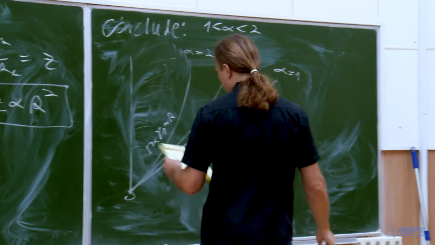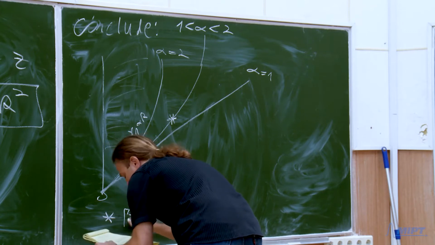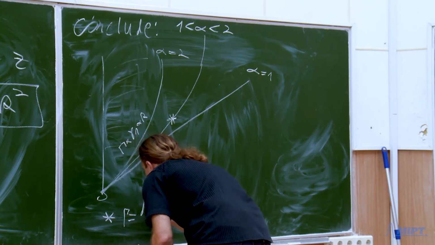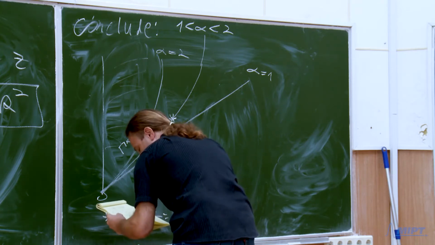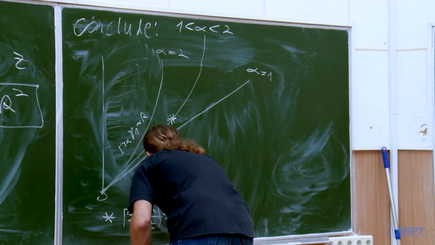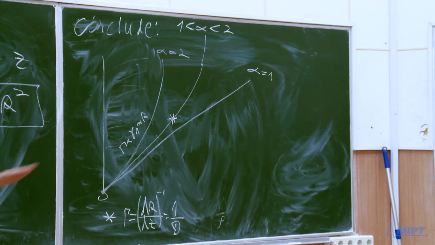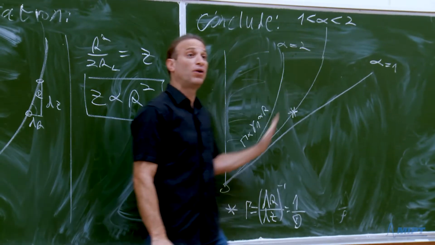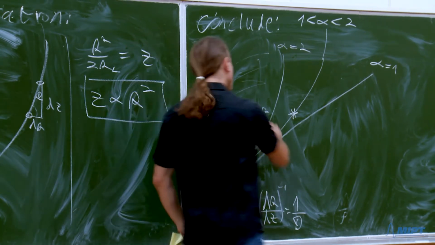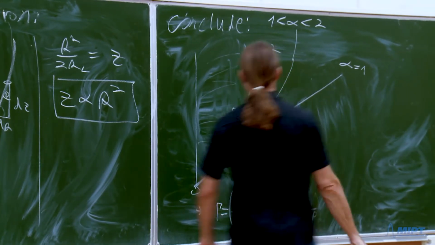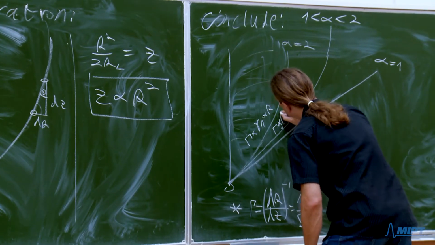Star means that gamma is equal to dr/dz, which is 1 over theta. Since I'm opening faster than a parabola, I will reach at some point a location where gamma is equal to 1 over theta. Up to that point, I'm accelerating like r, gamma proportional to r.